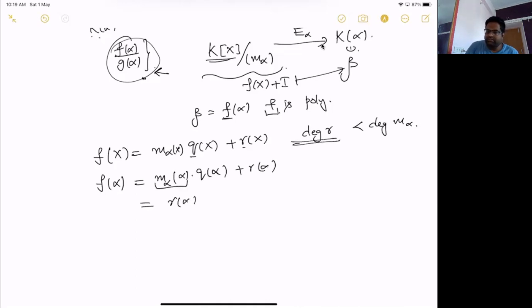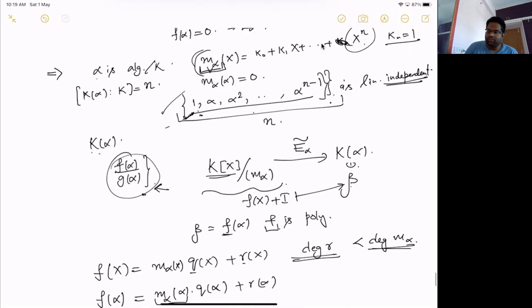Since the degree of r is strictly less than the degree of m alpha, r looks like k0 plus k1 alpha plus up to k(n minus 1) alpha to the power of n minus 1. So that is to say beta can be written in terms of 1, alpha, up to alpha to the power of n minus 1, which is precisely what you need to show, because you have a linearly independent set which also spans k of alpha.